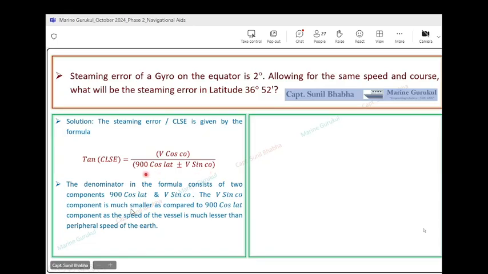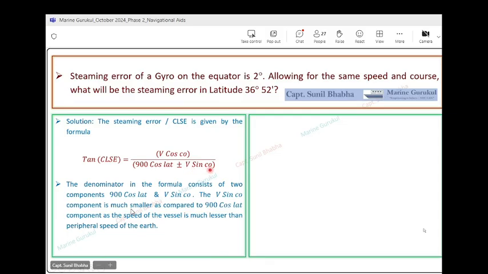Now, if you look at the denominator on the right hand side of this formula, the denominator consists of two components. The first component is 900 cos latitude and the second component is V sin course.